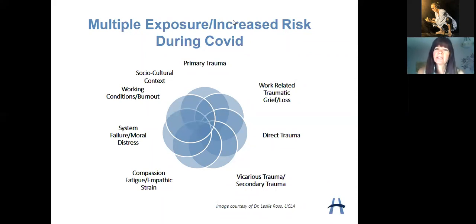And then we have this other circle of work-related traumatic grief and loss. We have a lot of this going on right now as folks are trying to find new ways of working, whether we're working at home, whether we're working on site. The way we are used to working, the predictability and the stability of our work is turned right upside down.